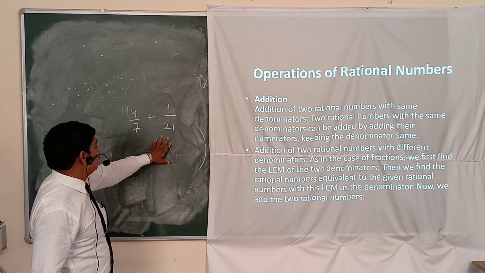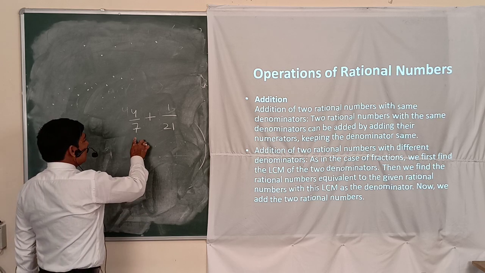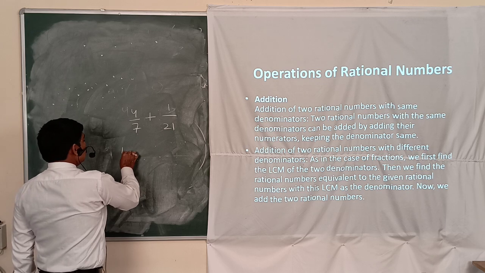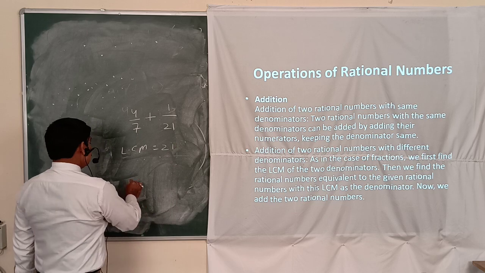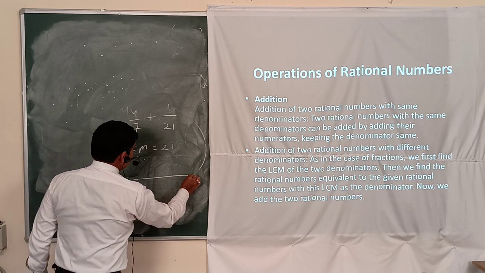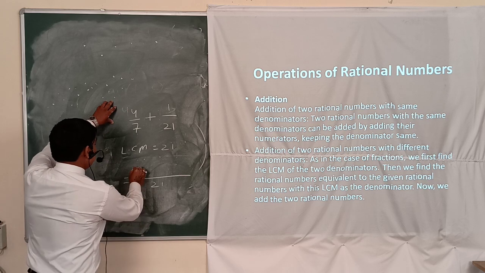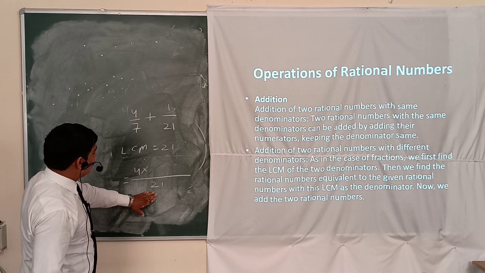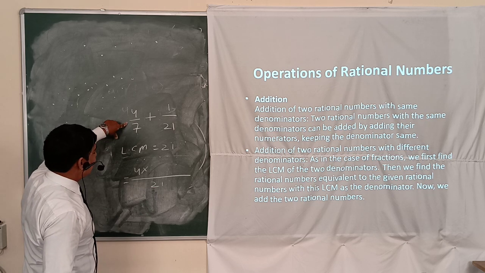Here the denominators are different, so first of all we find the LCM of the denominators. The LCM of 7 and 21 is 21. Now we write the common denominator, that is 21. Afterwards write the first number, that is 4, put the multiplication sign, then divide the common denominator, the LCM, by the denominator of that number.